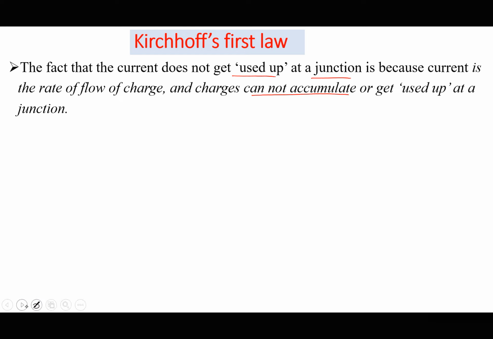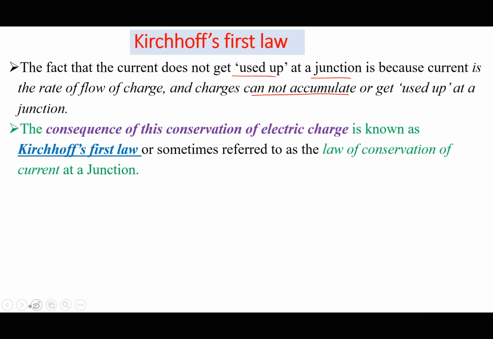The consequence of conservation of electric charge is known as Kirchhoff's first law. Sometimes it is called the law of conservation of current at a junction. So Kirchhoff's first law is a law of conservation of current at a junction. It is a consequence of conservation of charge.